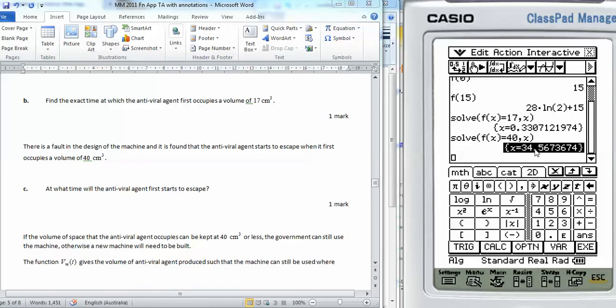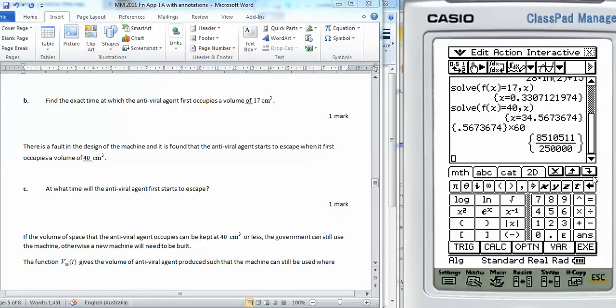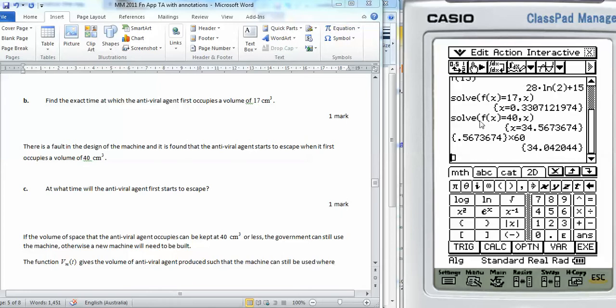And if I take my 0.56 and I times that by 60, it'll tell me how many seconds that is. And it's 34 seconds. So after 34 minutes and 34 seconds, that's when it'll start to escape.